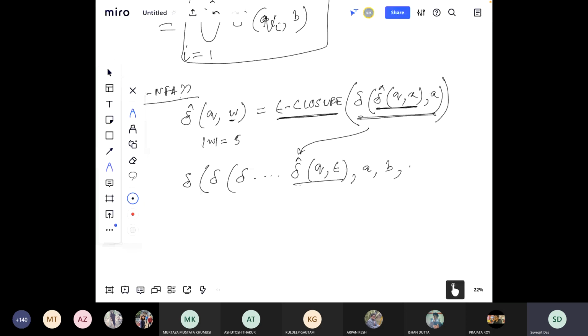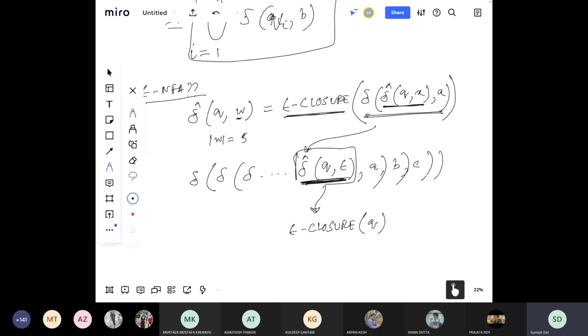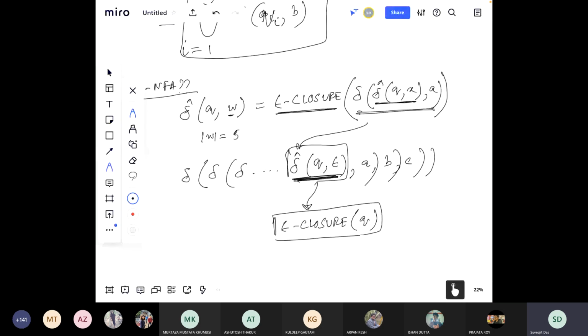Now, what is this? You need to define this. You again recursively define del hat of q comma epsilon as epsilon closure of q. Do you remember? So this portion, del hat of q comma epsilon, for the case of epsilon NFA is defined as epsilon closure of q. Now that may be some states P1, P2, P3, right?